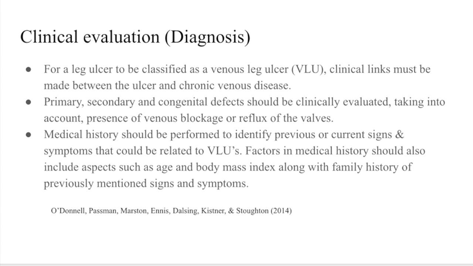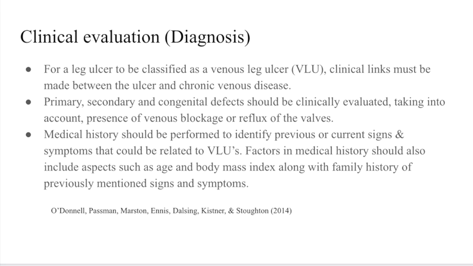These links may involve evaluating primary, secondary, and congenital defects that may cause ulcers, as well as venous blockages or reflux of the valves of the vessels. A medical history is also very important in the identification of etiological factors relating to venous ulcers. These can include a review of past medical conditions, family history, and body mass index.